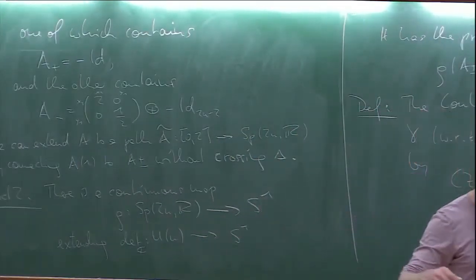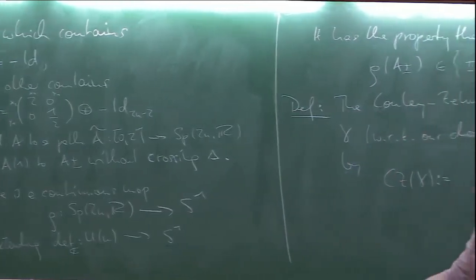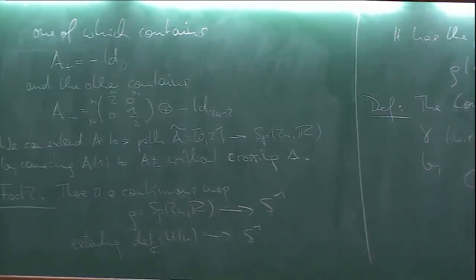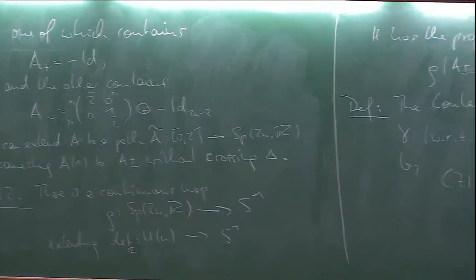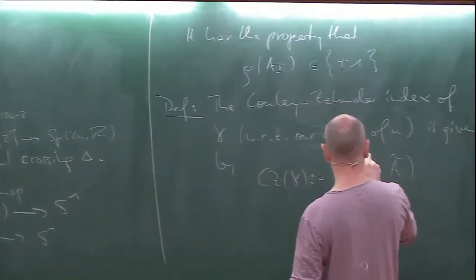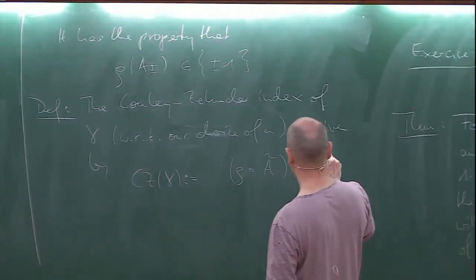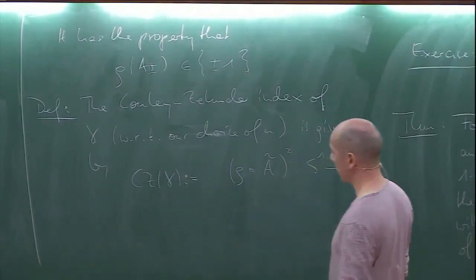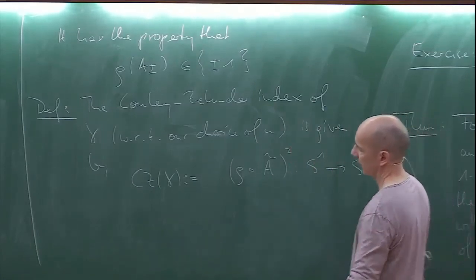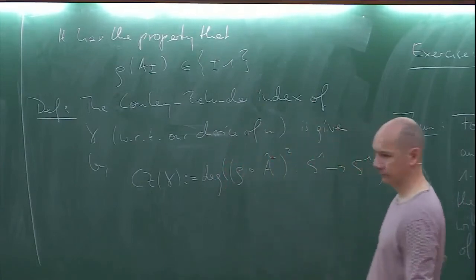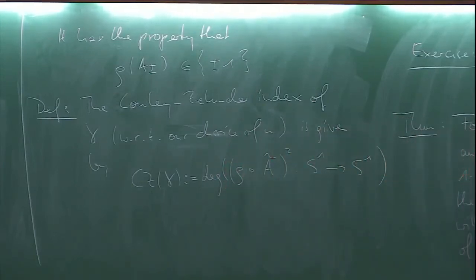So if we square the whole thing, just squaring in C, so in S1, then we get a path which is a loop, which starts and ends at 1. So I'm going to do rho composed with A, square that, and view that as a map from S1 to S1, because now this has closed up, and I'm going to take the degree of that map. Does that make sense?